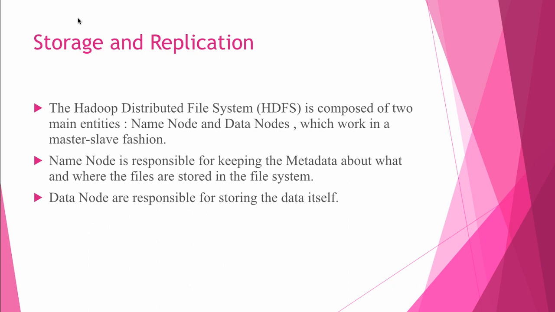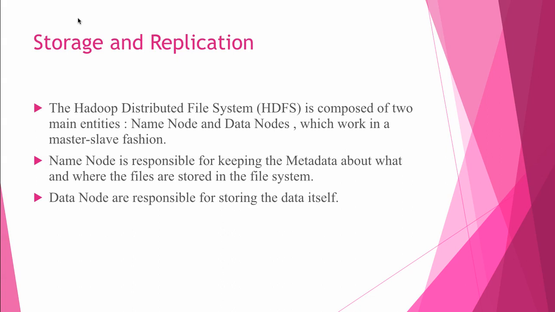Now, let's talk briefly about storage and replication. The Hadoop distributed file system is the block storage layer that Hadoop uses to keep its files. HDFS was designed to hold very large datasets reliably using data replication. This allows HDFS to stream large amounts of data to user applications in a reasonable time.